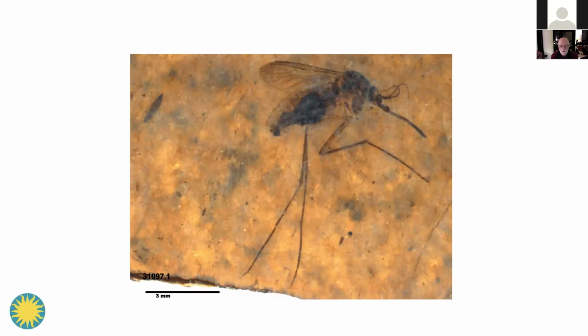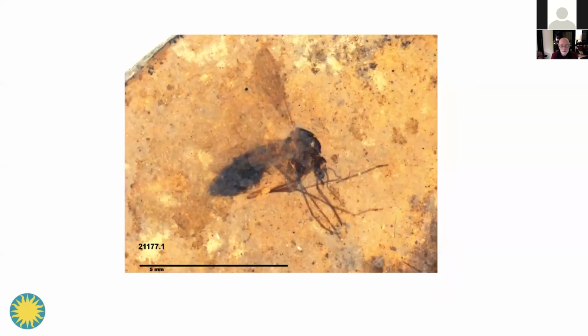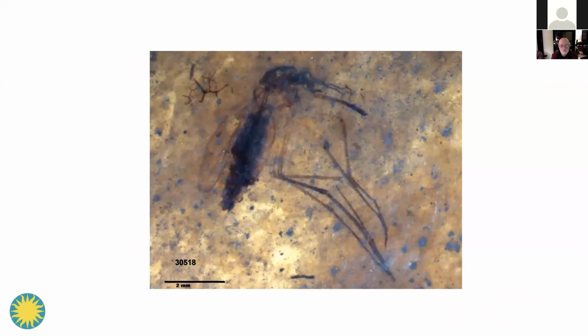This is a fossil mosquito, and the abdomen looks bloated and dark, and in fact, it is engorged with blood. This is another one. This is yet another one.